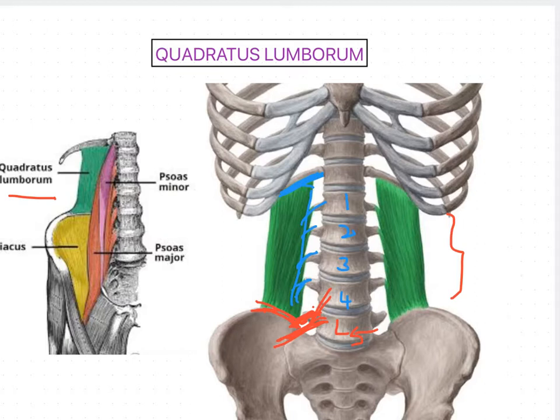If you look at the nerve supply, this muscle is supplied by the ventral rami of spinal nerves from T12 to L4. So T12, L1, L2, L3 and L4 supply this muscle.